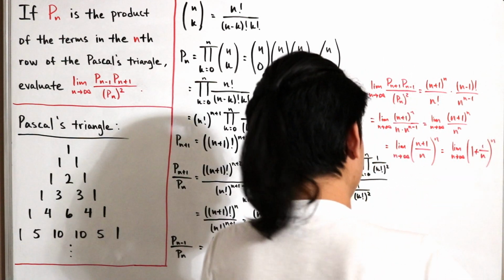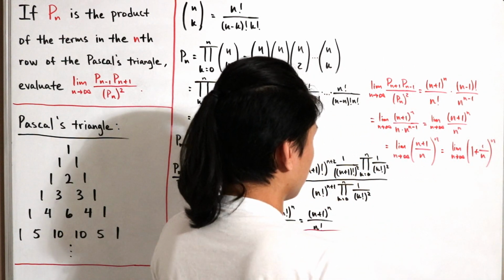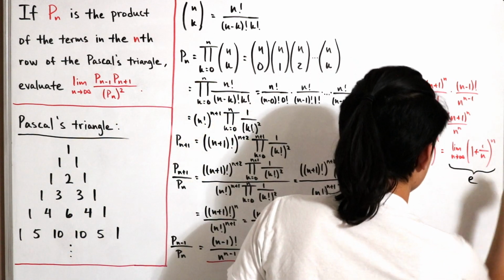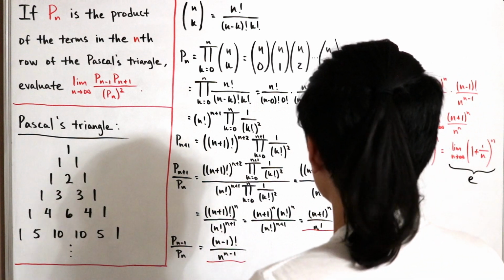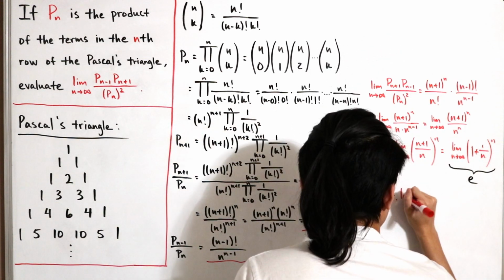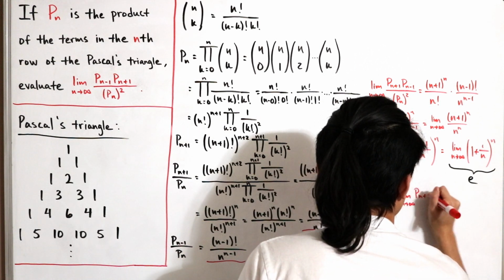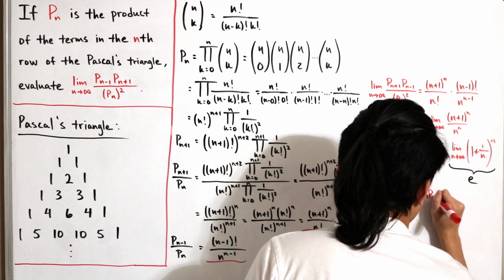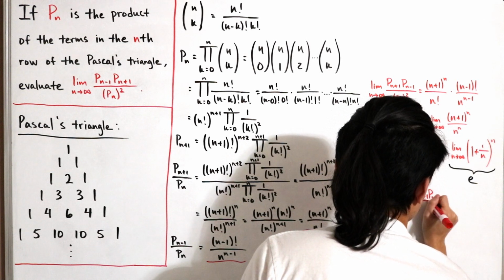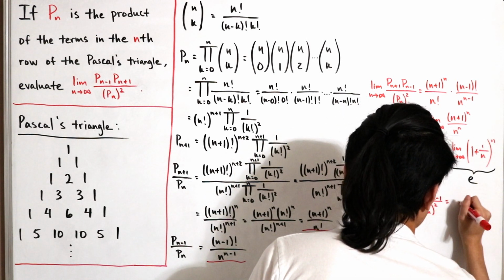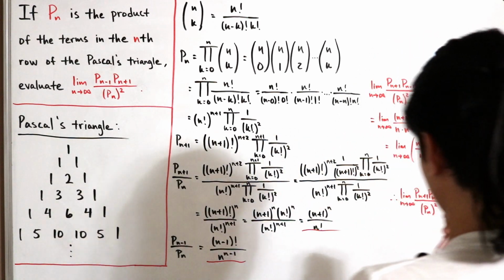But what's interesting is that this is actually the limit definition of the constant e. So therefore the final answer is that the limit as n approaches infinity of p sub n plus 1 times p sub n minus 1 divided by p sub n squared is just equal to e, like so.